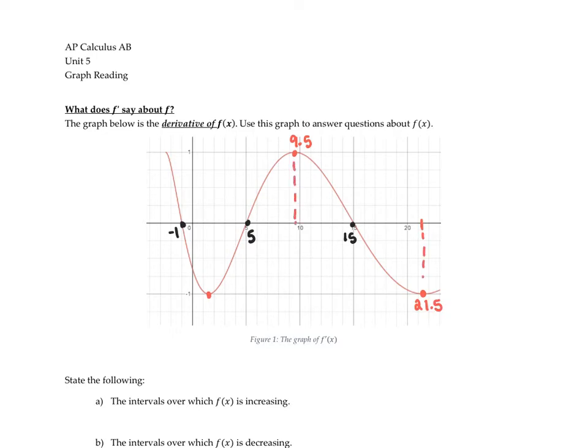So it's probably better that I actually mark those off on the x-axis. I don't really care so much about the y coordinate of the extrema, just the x coordinate of the extrema. And then at approximately 1.5. So we're going to use those exact values of the zeros and the approximate locations of the extrema to answer questions about f.